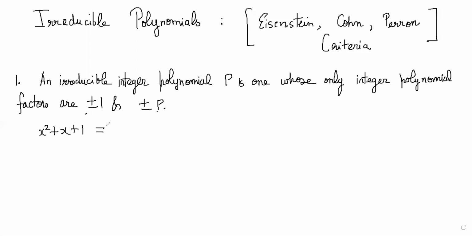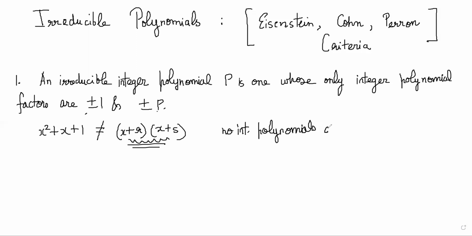You cannot split it to make it an integer polynomial, because this has complex roots, so there are no possible factors like this. So no integer polynomials are factors of this, except plus minus 1, which is a degree 0 polynomial, and plus minus P itself. So that is the definition.